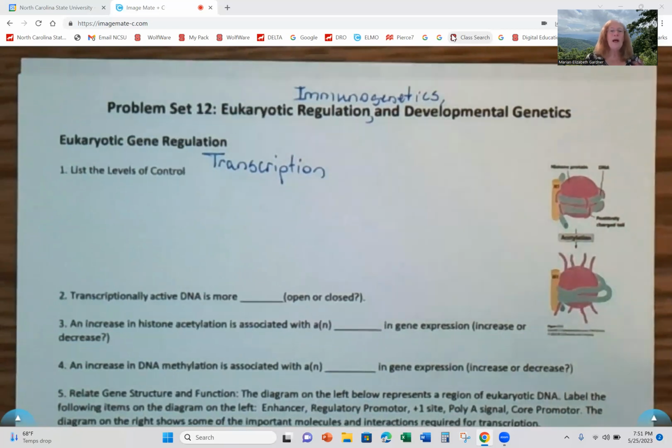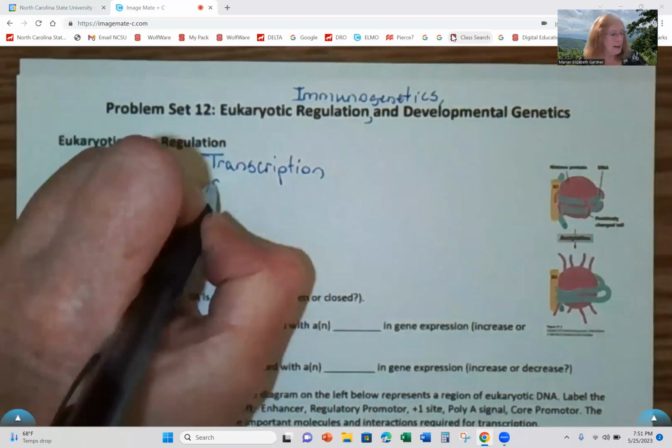With eukaryotes, we also think about the alteration of chromosome structure, particularly chromatin remodeling.